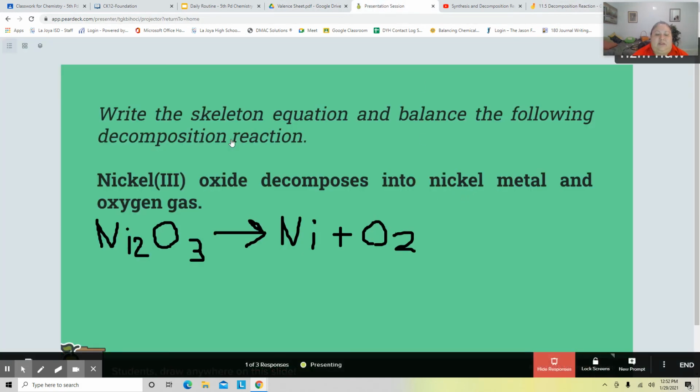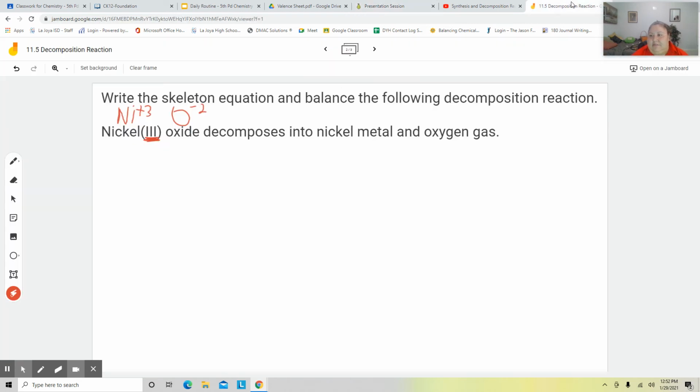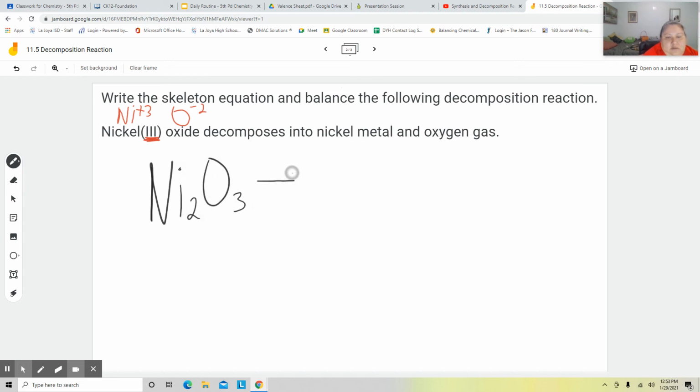Very good. Perfect. Okay. Now that we have the reaction, because you guys wrote it for me, I'm just going to copy what you wrote. So nickel 3 oxide decomposes and breaks down into nickel plus oxygen. So that's the skeleton equation.